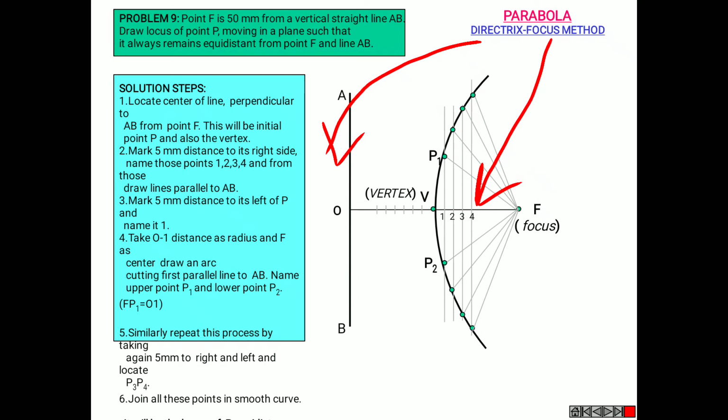Okay, so this is your required parabola by using the directrix focus method, or basic laws method. This is a general method for all the conic curves or engineering curves like ellipse, parabola and hyperbola. Since we have only 3 methods for the parabola, I think we are almost done with the 3 methods. So I'll just give some time to note it down.